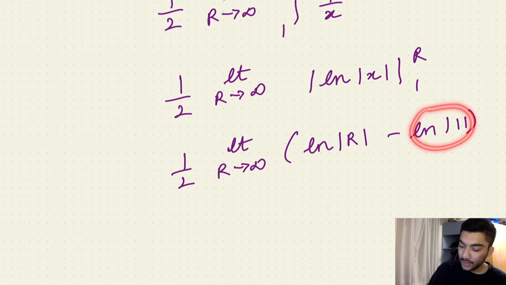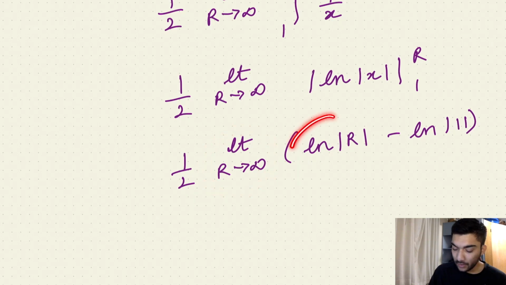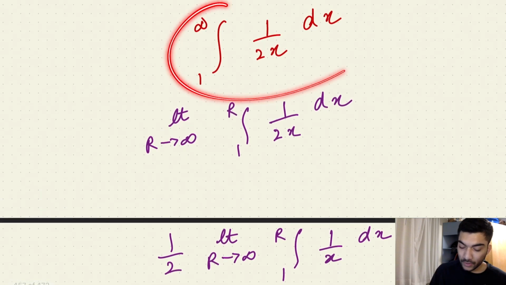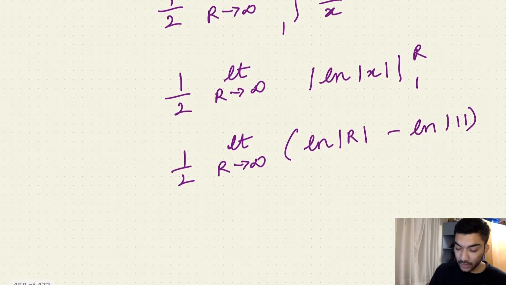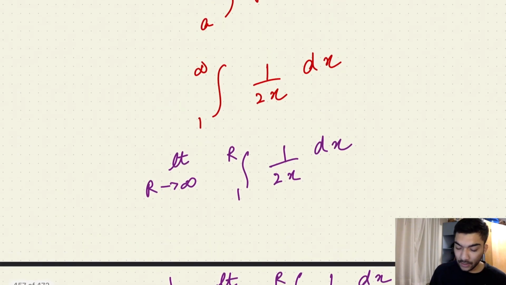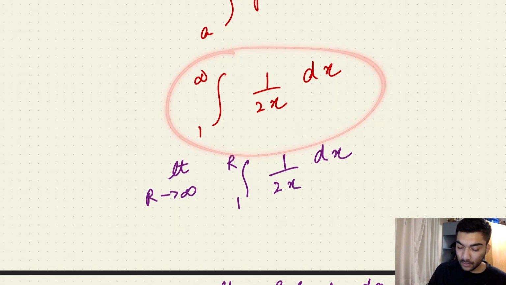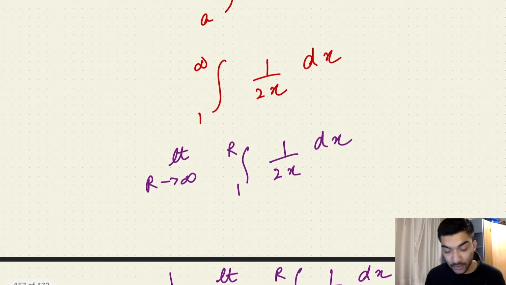And you know that since ln 1 is 0, if you take the limit as R approaches infinity for this expression over here, this expression will approach ln infinity, which is infinity. So your solution to this integral will be infinity, which means that your definite integral of this expression diverges, right?